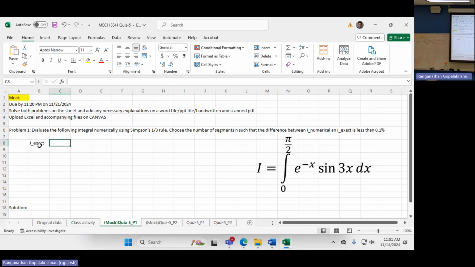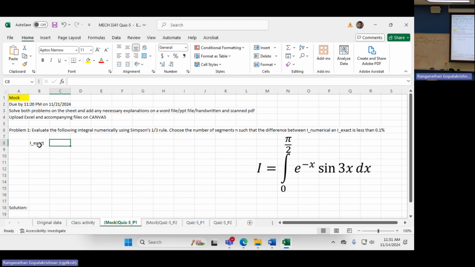How you would remember this is to say here is x naught equal to a, here is xn equal to b, and you have x1, x2, up to xn minus 2, xn minus 1, and so on. Remember that n must be even.